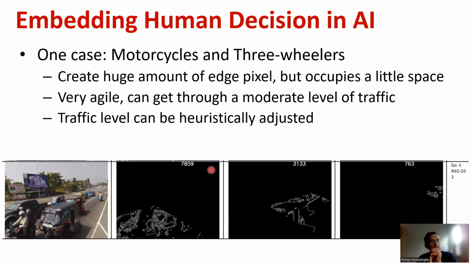Think of it as the same type of vehicles, only cars on that road. So the problem is very easy. But now you have a heterogeneous combination of vehicles, especially motorcycles and three-wheelers. They are kind of different vehicles because they're very agile.